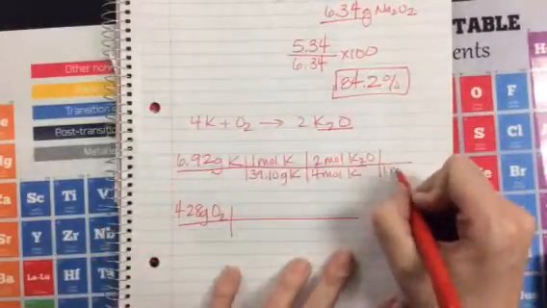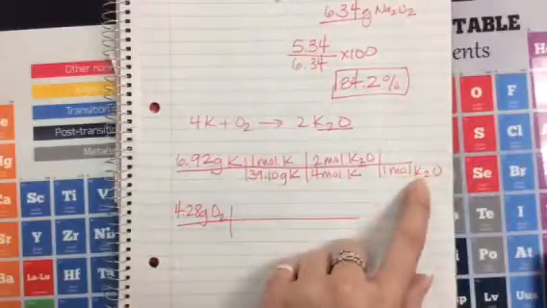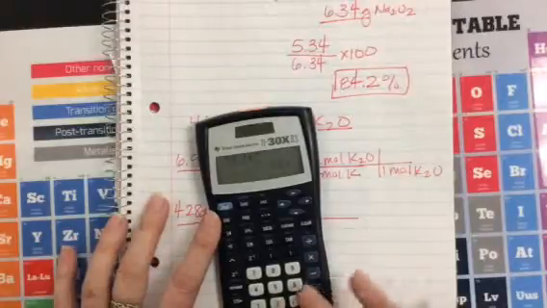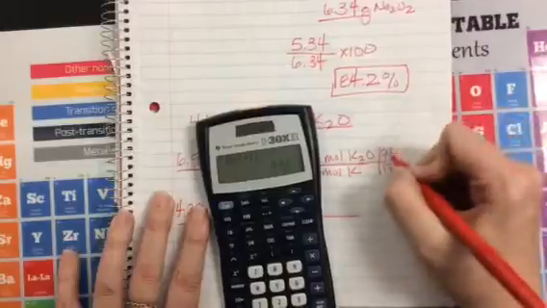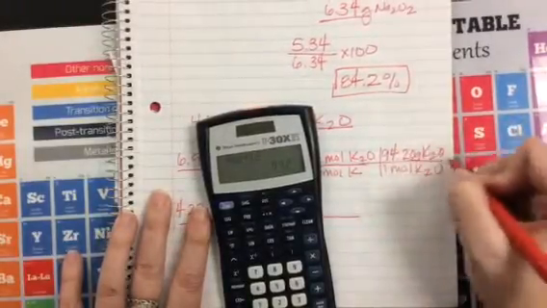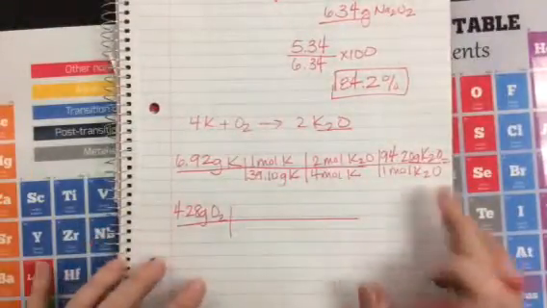Last step, I'm going to take my moles and turn it back into grams. So I need to find the molar mass of this guy right here. 39.1 times 2 plus 16. My molar mass of the potassium oxide is 94.20 grams. So I'm going to sit tight on that for just a minute, and I'll run the math in a second.